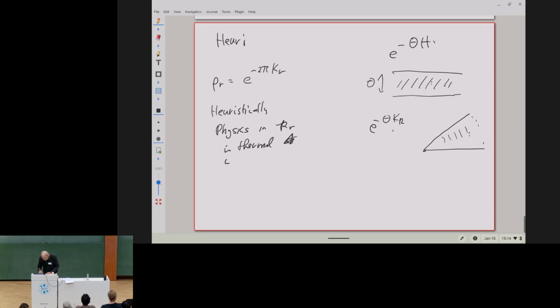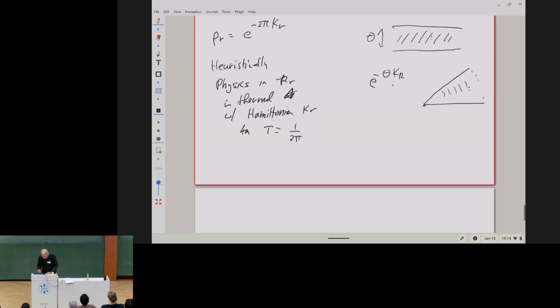Well, it's thermal with Hamiltonian K_R and inverse temperature 1 over 2 pi. So this is a thermal density matrix if K_R is understood as a Hamiltonian and 1 over 2 pi is the temperature. Now you could ask, well, since K_R is a slightly weird Hamiltonian, what it looks like.